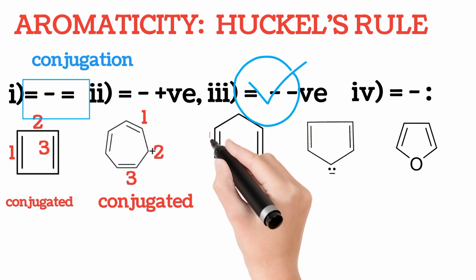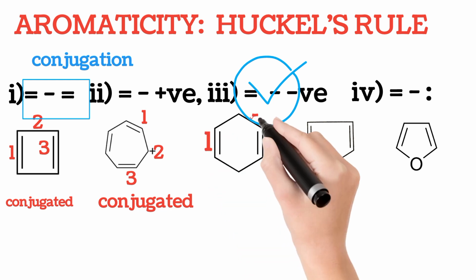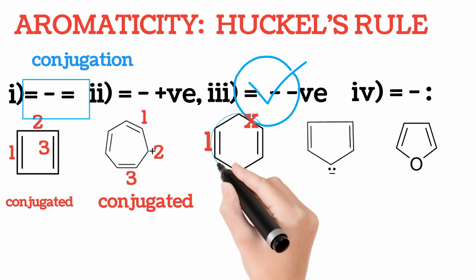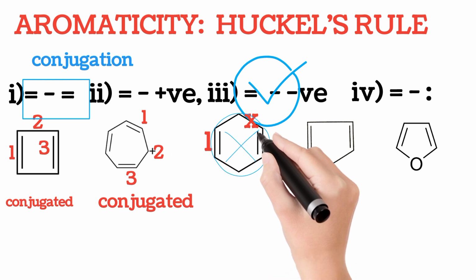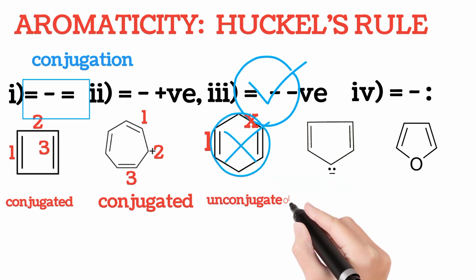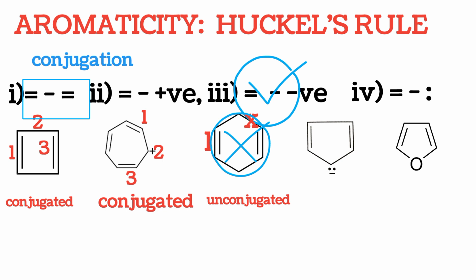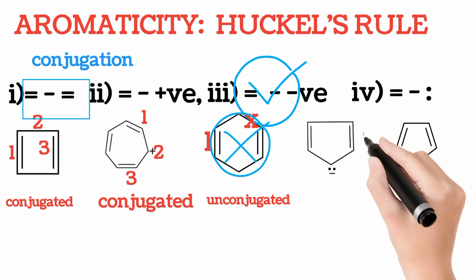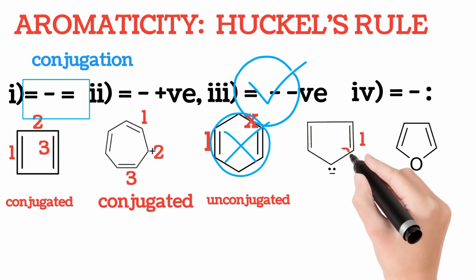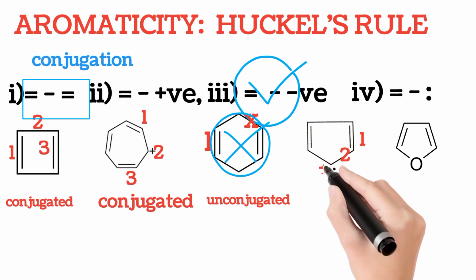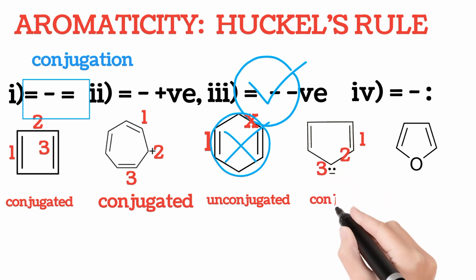Now, in the third case, we have a double bond followed by a single bond and another single bond. So it is not a conjugated compound. In the next case, we have a double bond followed by a single bond and a lone pair. And we'll write 1, 2, 3.